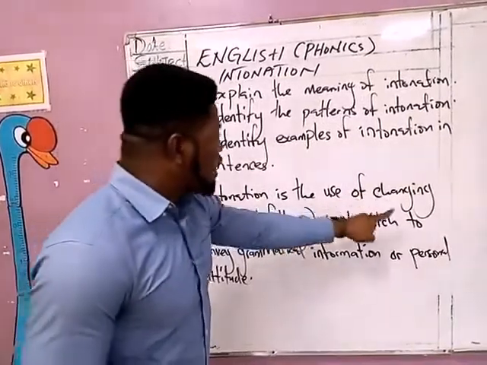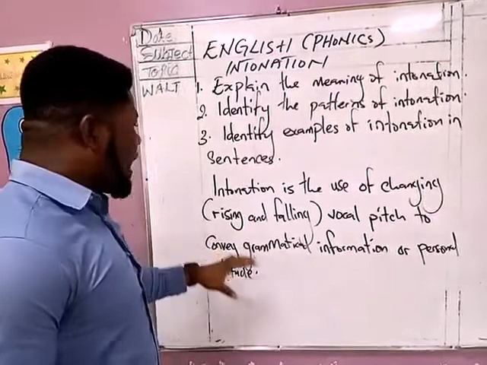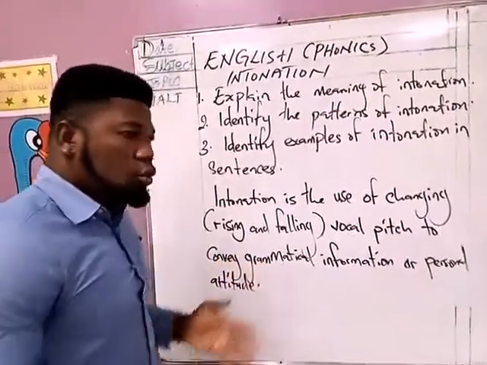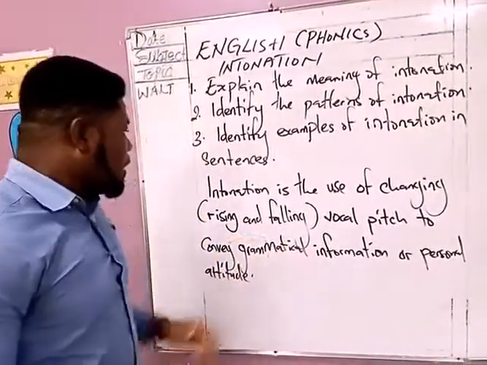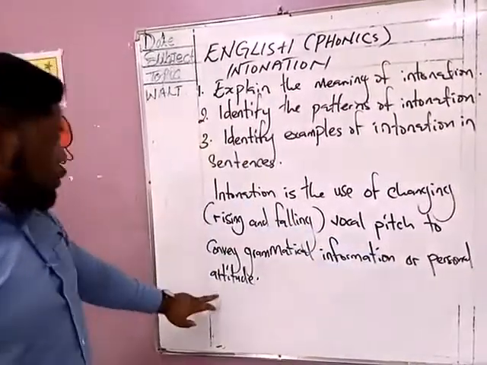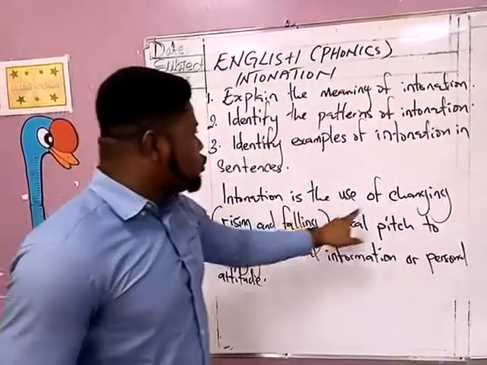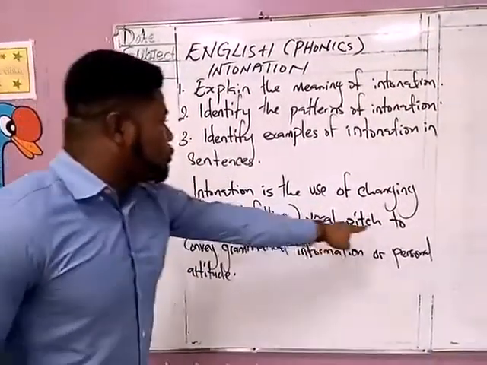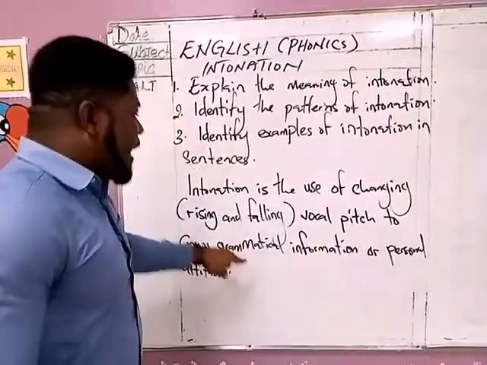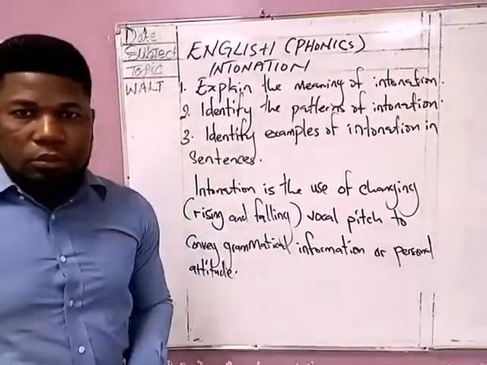Intonation is the use of changing vocal pitch to convey, that is, to carry or transfer, grammatical information or personal attitude. I will read it again. Intonation is the use of changing vocal pitch to convey grammatical information or personal attitude.